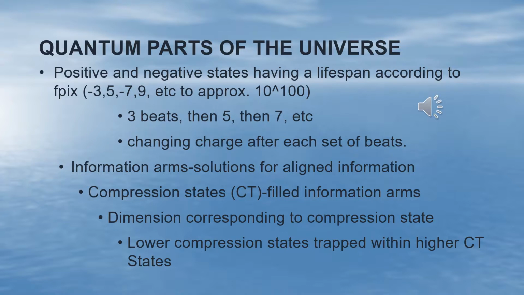Dimension is created by taking the higher CT state and folding it, although the initial folding is probably just the relationship of two photonic CT2 states with a minimum amount of intervening CT1 states.